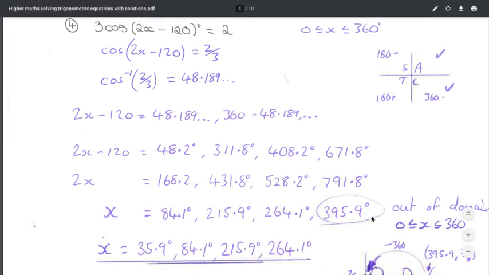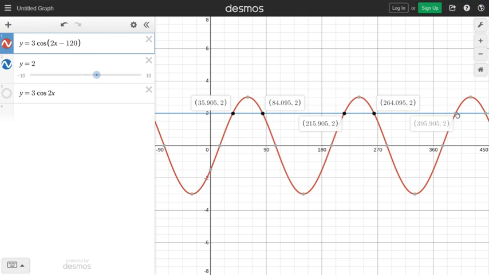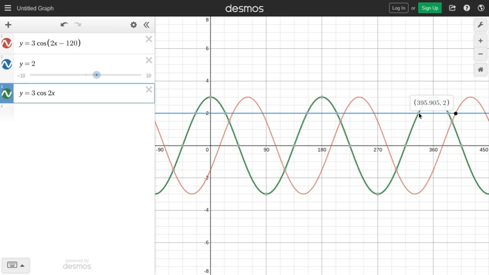So it's out of the domain 0 to 360. What's happened here is that we've actually calculated this value. Because the graph has been moved along to the right, let's just have a look at what the original graph would have looked like before that horizontal transformation. So there's the value I've calculated. I've actually calculated this value and then it's moved to the right by 60 degrees.